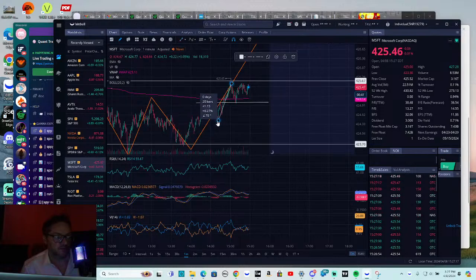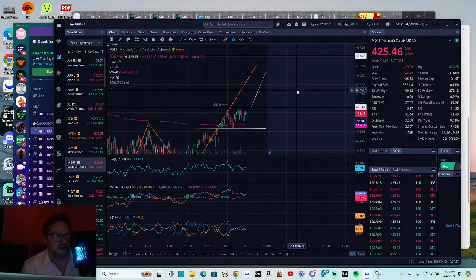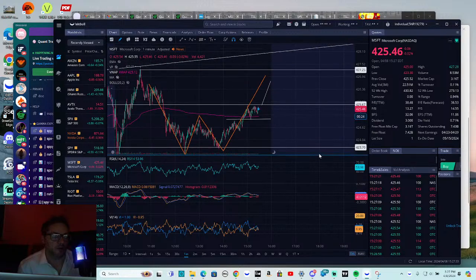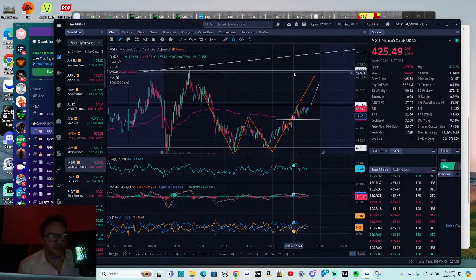Actually, it probably should come from here. This is the pole running into the consolidation. This should be the continuation after. This puts us well on our journey. We're on our way to make a new high of day.